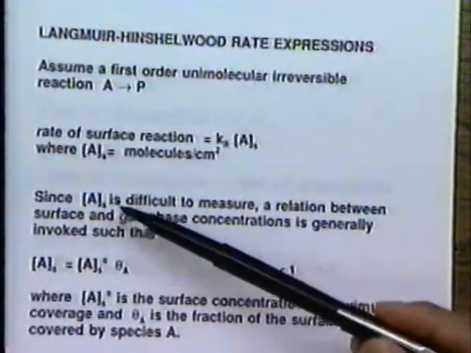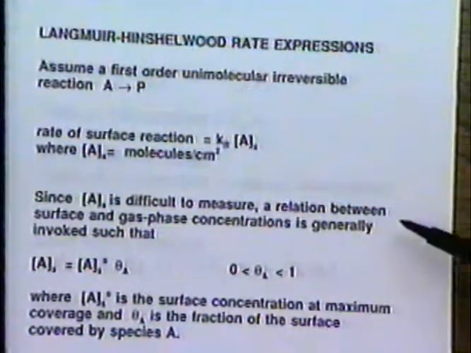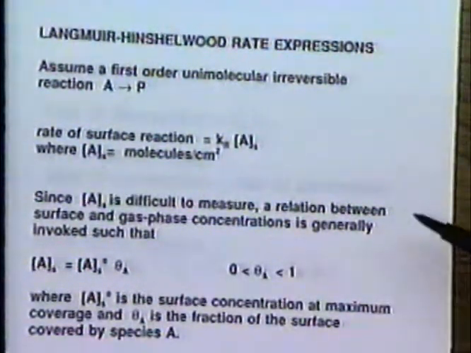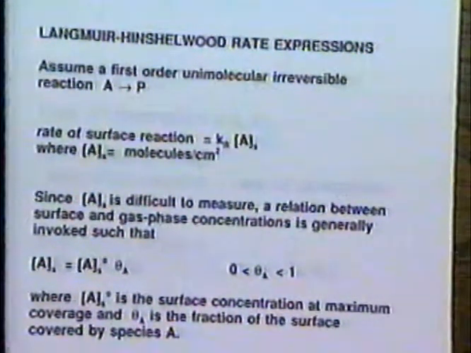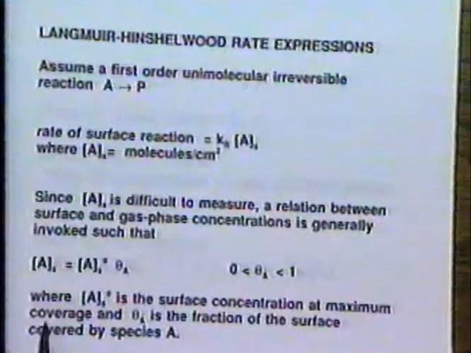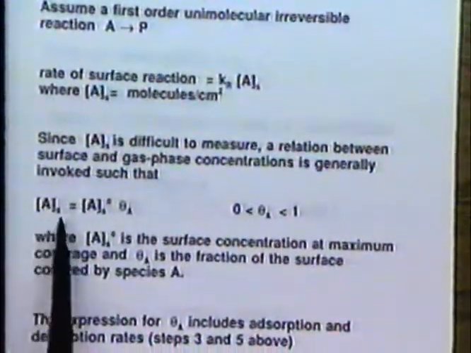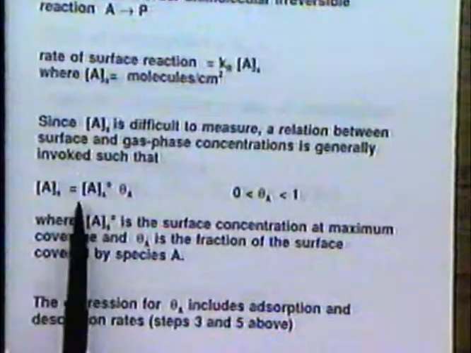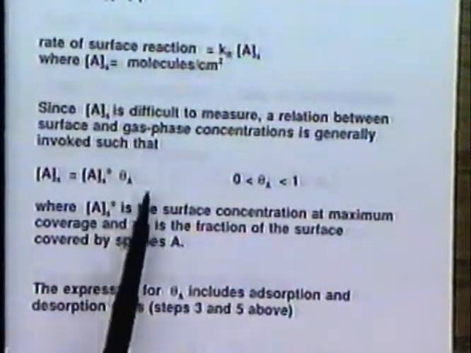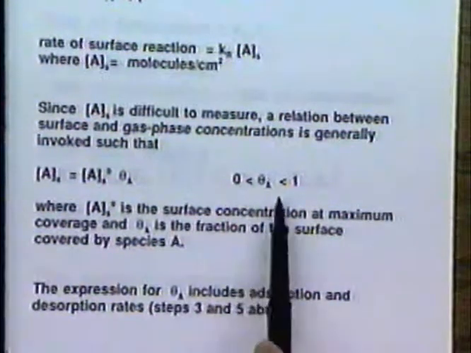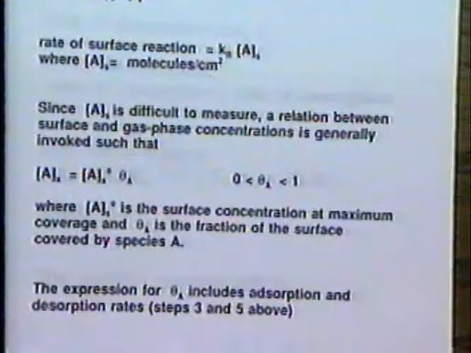Now, the concentration of the adsorbed molecules is difficult to measure. Therefore, we usually use a relation between gas phase concentration and surface concentration. This relation is written in this way. The concentration on the surface will be a maximum concentration on the surface times theta_A, where theta is a parameter that varies between 0 and 1.